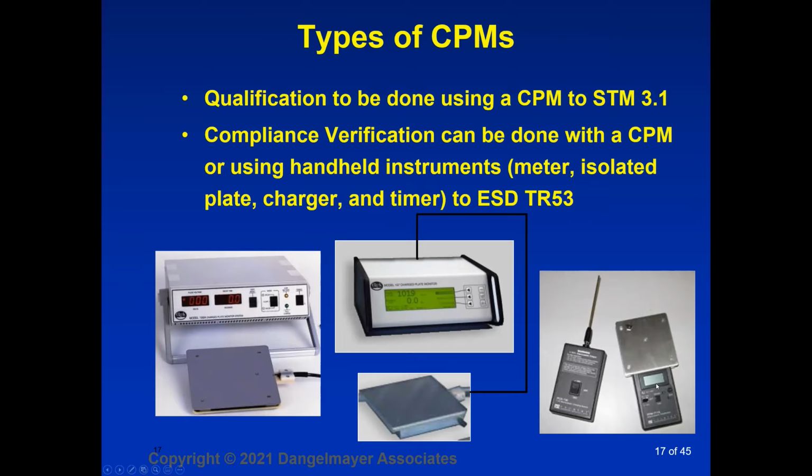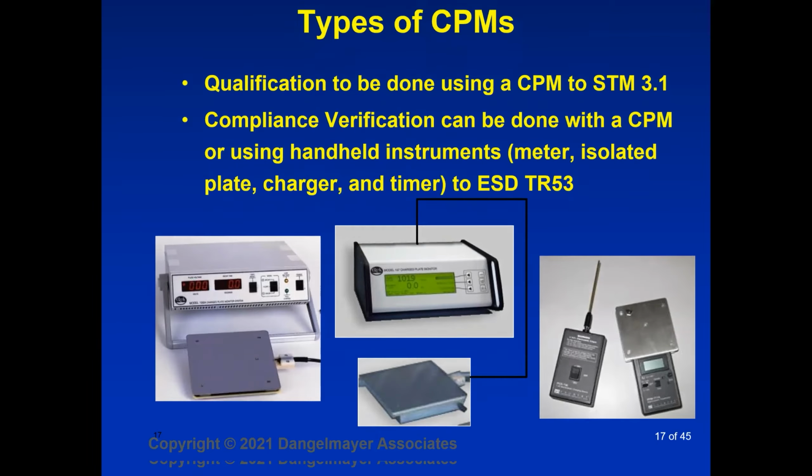And what you have is a field meter that has an isolated plate unit attached. And this other item here is our charger that charges the plate to a known voltage. So either handheld or full size, we can use charge plate monitors to determine the operation of the ionizers.